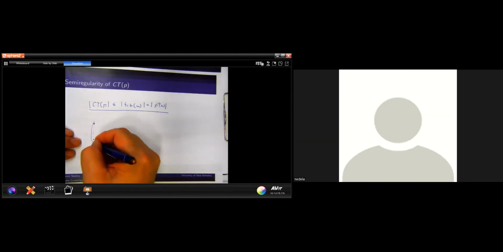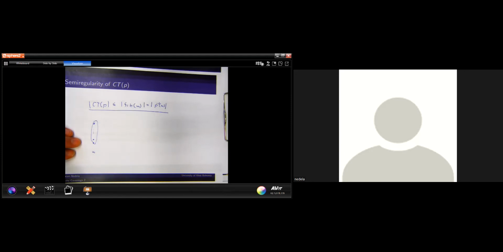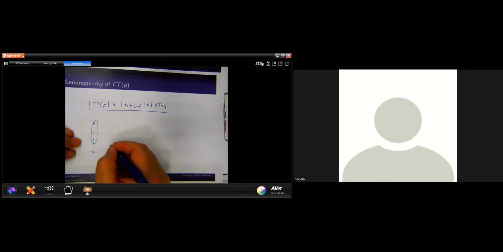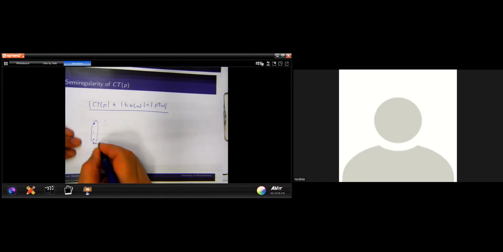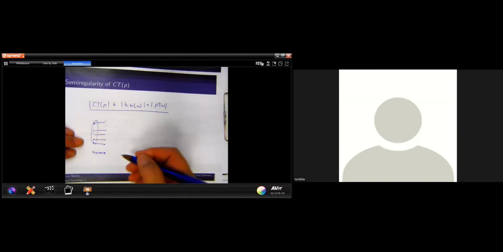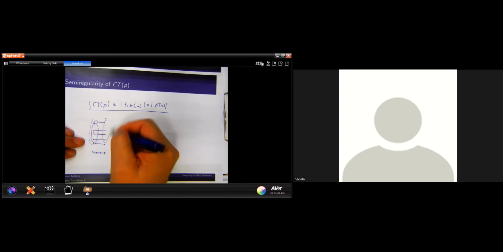So take a fiber. We assume that the graph is connected. So there is some edge to some neighboring vertex. And take this fiber. But because of unique lifting, this edge is mapped to a matching between the two fibers.